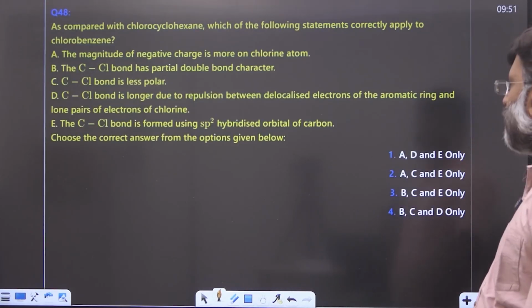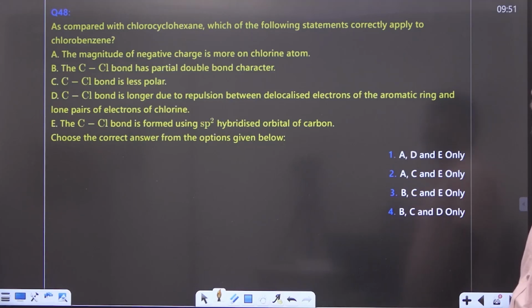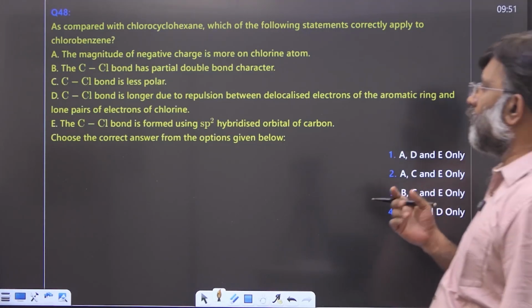Question number 48, statement based question. Compared to chlorocyclohexane, which of the following statements correctly apply to chlorobenzene?